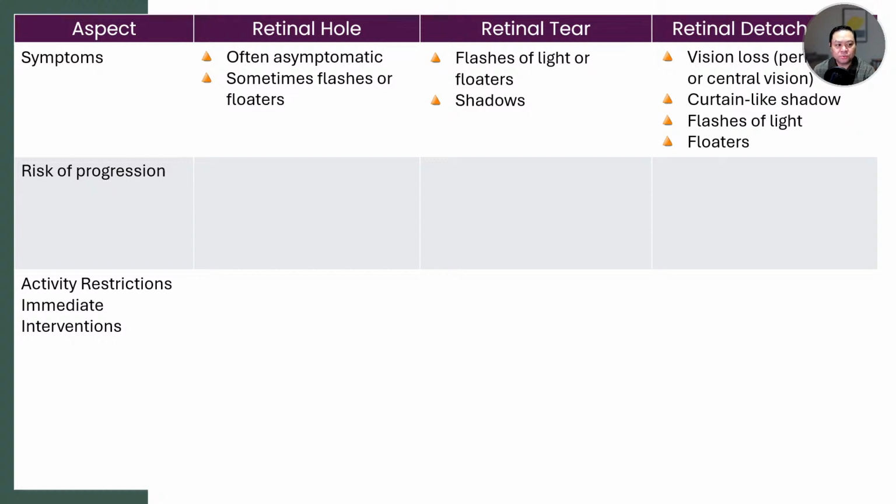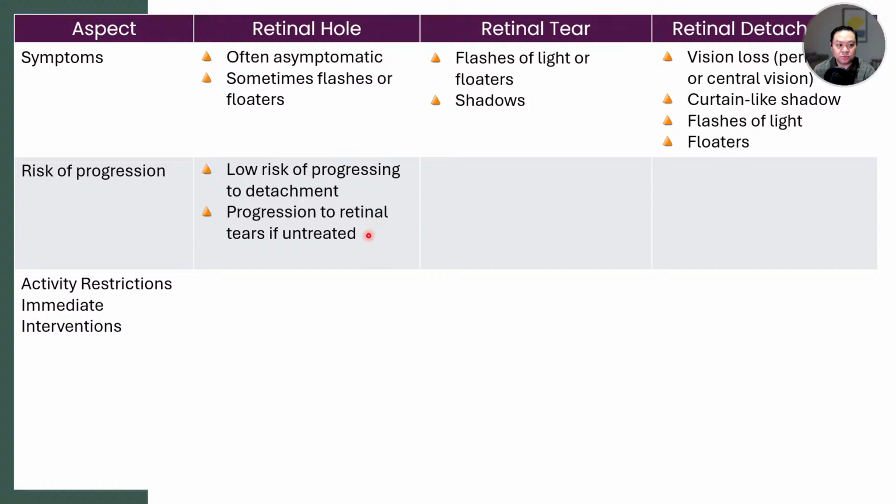Now, what is the risk of progression when we are talking about the retinal hole? This can progress into the retinal tear. Low risk for retinal detachment, but eventually this will lead into that if not treated. For the retinal tear, this is going to possibly progress into the retinal detachment, right?